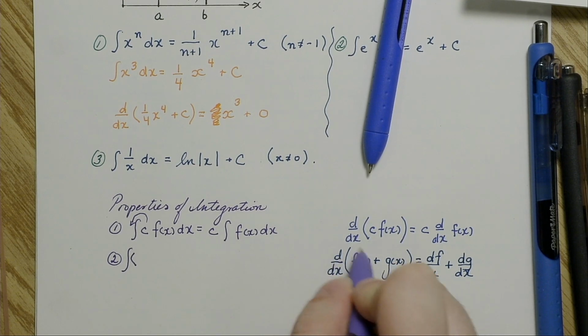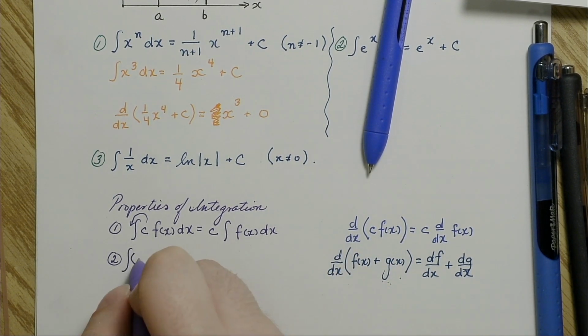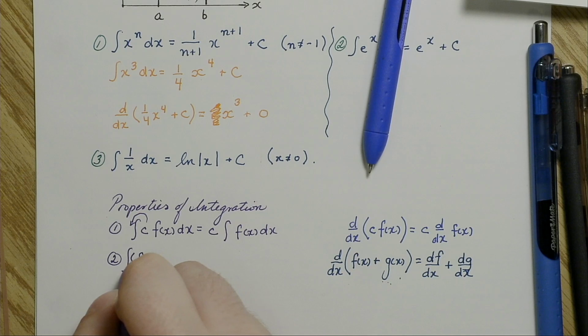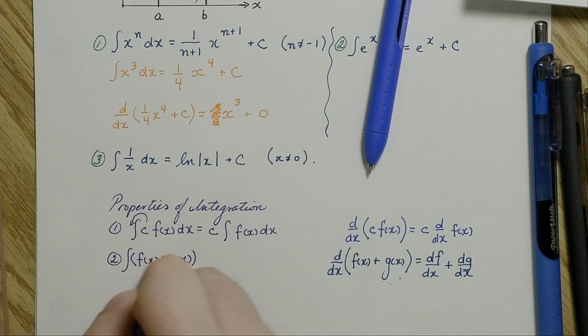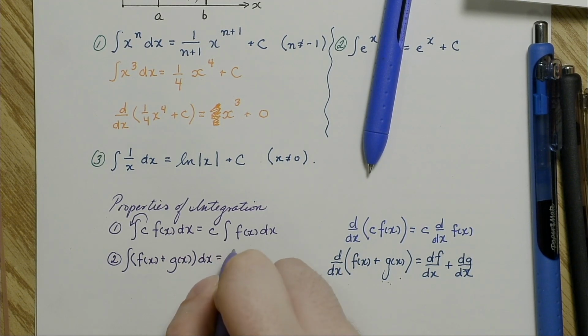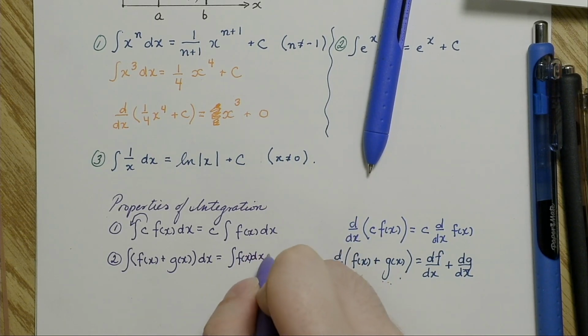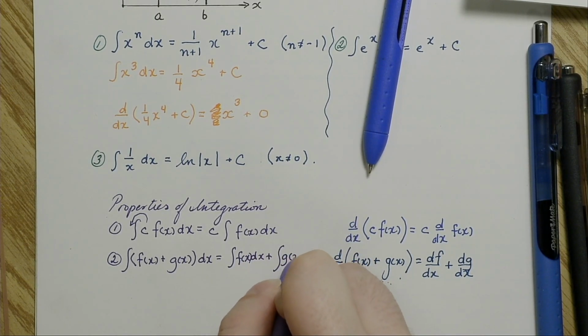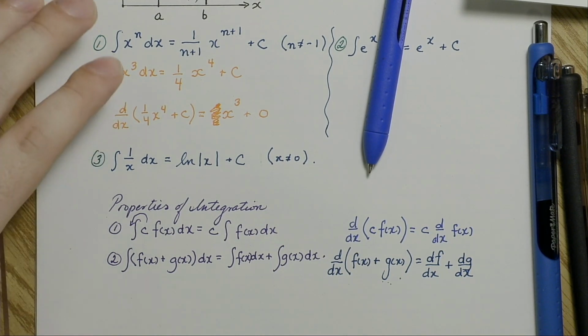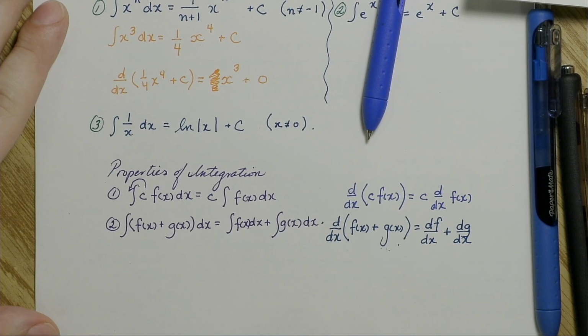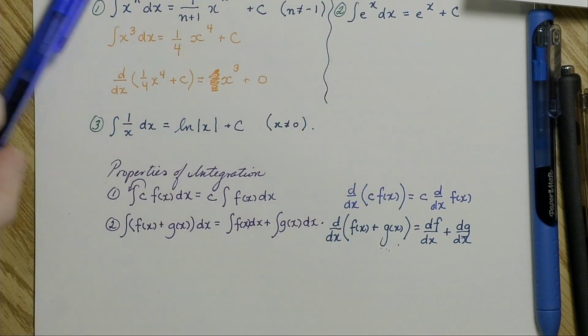We can apply the integral to each individual component, so the integral of f plus g dx is equal to the integral of f plus the integral of g. Okay, so we have all of our rules.